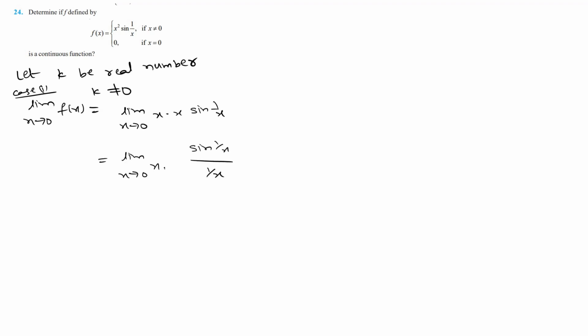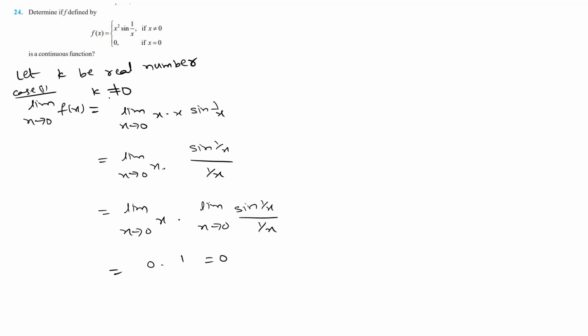Now the product of two terms can be written as limit x tends to 0 of x into limit x tends to 0 of sine 1 by x by 1 by x. If we substitute limit x tends to 0 of x, we will get 0 into limit x tends to 0 of sine x by x, which by the formula is 1. So 0 into 1 is nothing but 0 only.